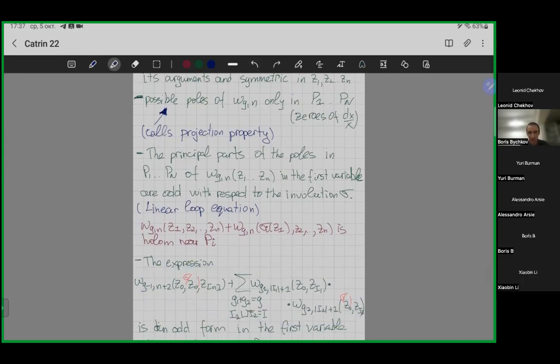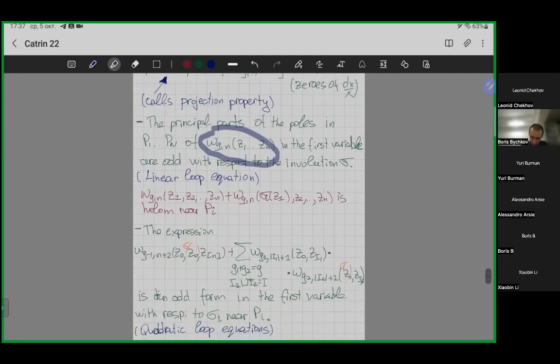Or, in slightly different language, that these omega G,Ns are odd forms with respect to the involution, and this expression without sigma is also an odd form with respect to the involution.